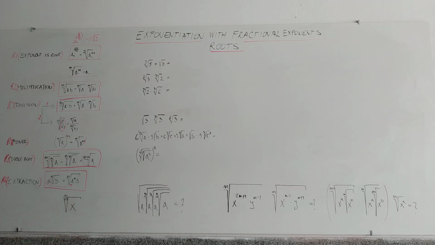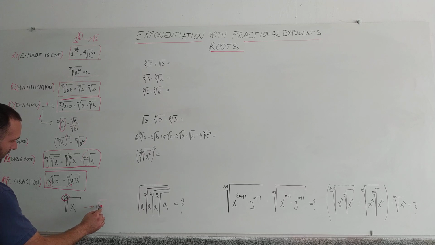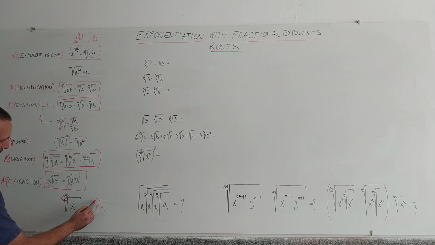Okay, all roots that don't have a number are practically second roots. If we have second root from x, the number 2 is very uncommon. Common writing of second root is practically this. You will rarely see number 2 here.